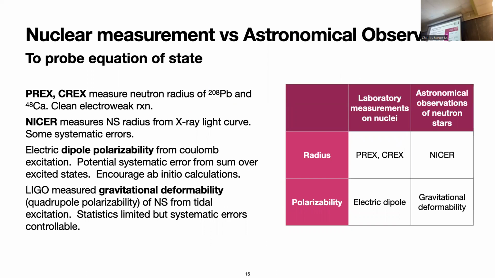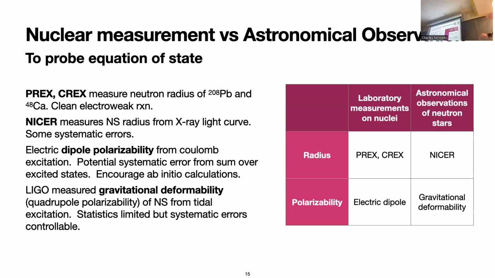So let's give this little 2x2 chart. You want to measure the radius of a hadron. PREX and CREX measure the neutron radii of lead and calcium. NICER is an X-ray telescope, I'll talk about that in just a little bit, that measures the radius of a neutron star. You could also think about the polarizability.